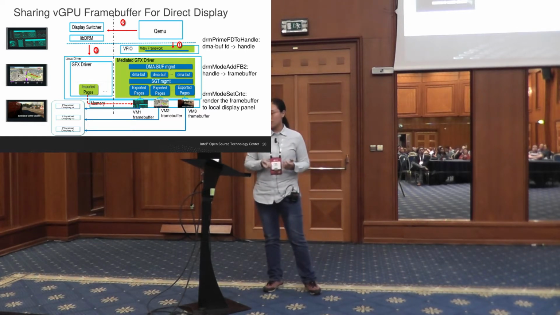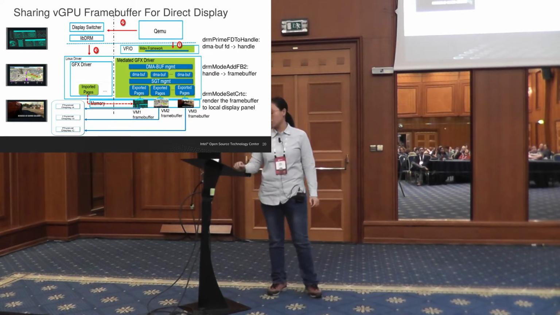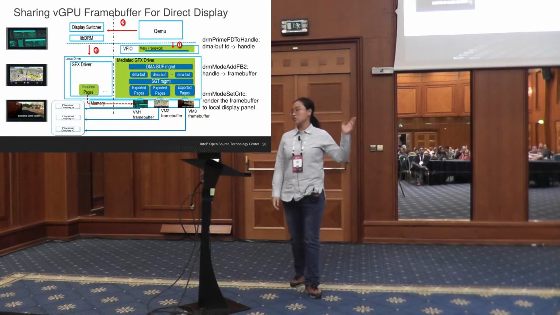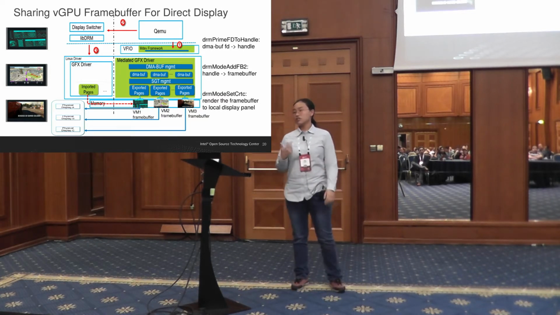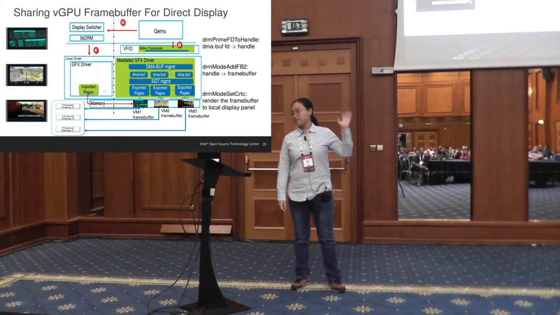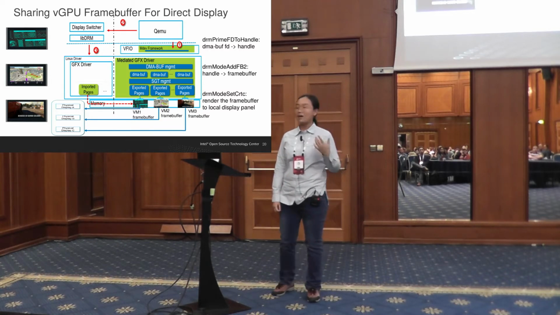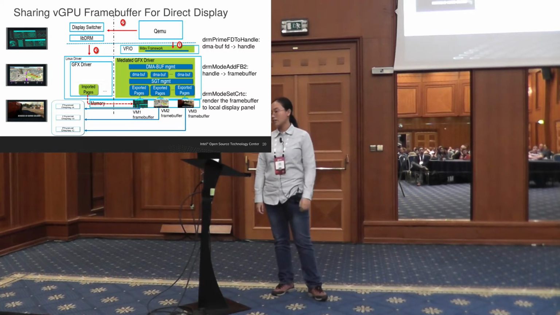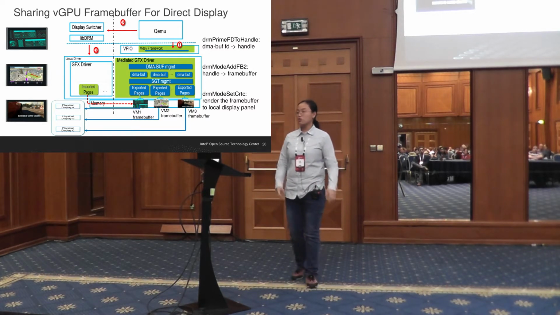So with the DMABuf file descriptor, the display switcher first needs to call this DRM prime FD to handle to create a buffer handle according to the DMABuf file descriptor. Then it can use the mod add FB to create a local frame buffer object according to the buffer handle. And at last, use the mode set control to render the guest frame buffer to the display panel.